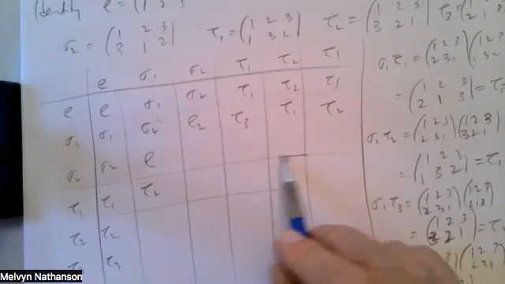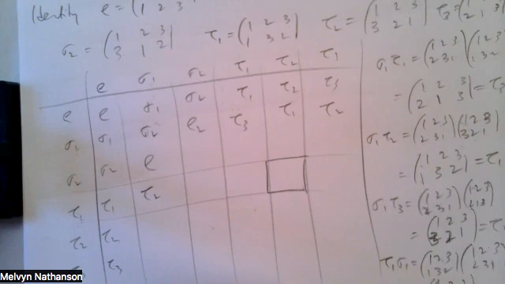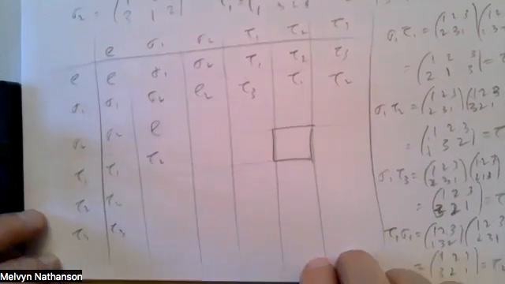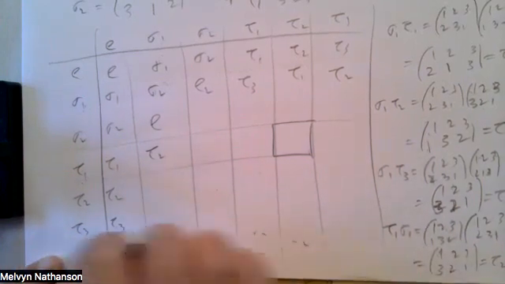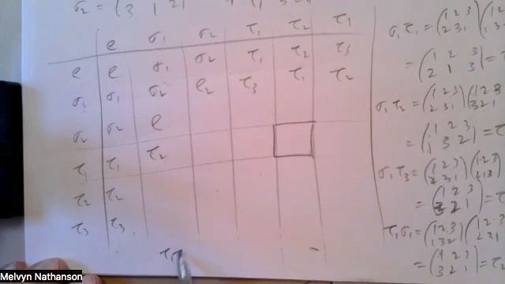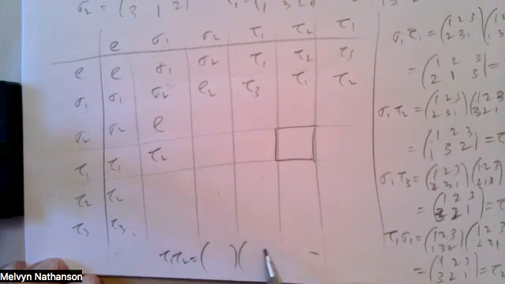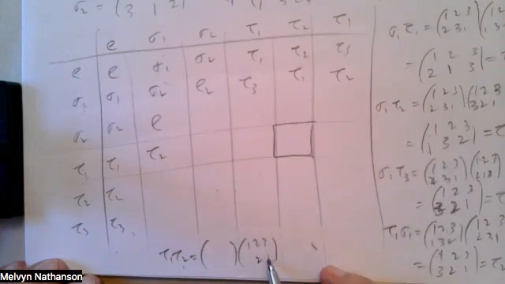What goes here? This is tau 1 times tau 2. Tau 2 fixes 2 and interchanges 1 and 3.